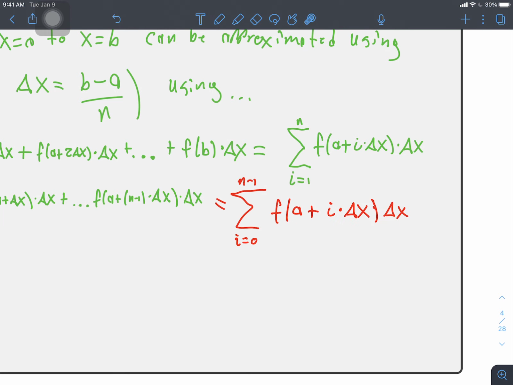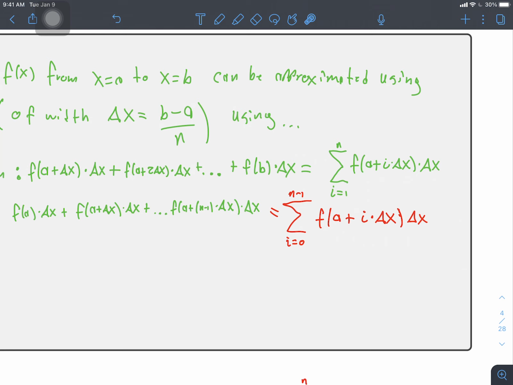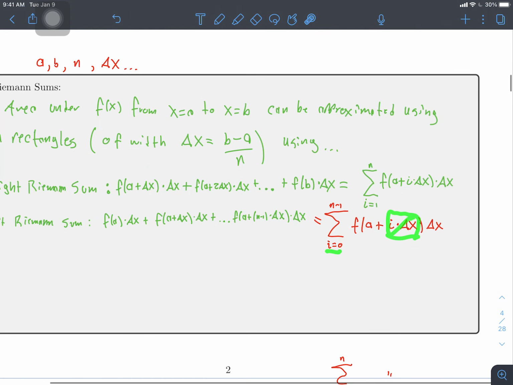The difference is that instead of i going from 1 to n, we use the exact same formula, only i goes from 0 to n minus 1 for a left-hand sum. The first term is what we get when we plug in 0 for i. Then this part just goes away, and I'm left with just f of a, which is the first term in the sum where I've written it all out, right?